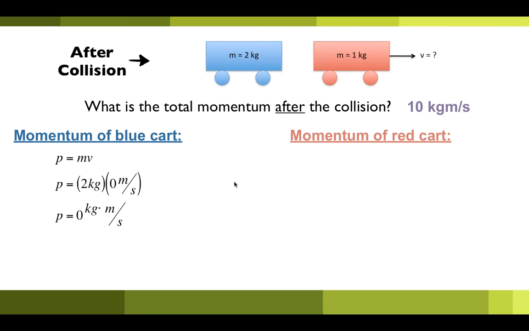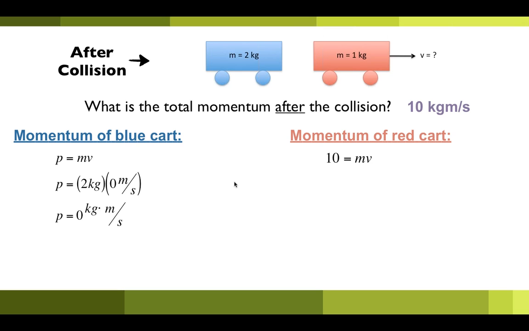Well, let's think about this for a second. If we know the blue cart's momentum plus the red cart's momentum has to be 10, and the blue we already know is 0, we know the momentum of the red cart has to be 10. That's the only other thing that you can add to 0 to get 10, of course. So we can put 10 in for its momentum.